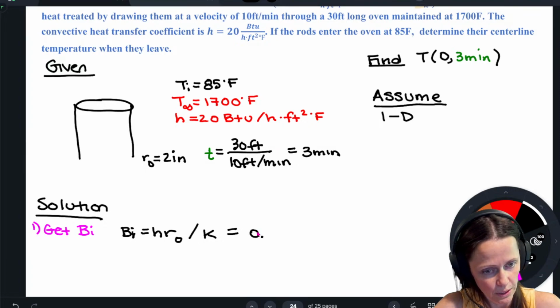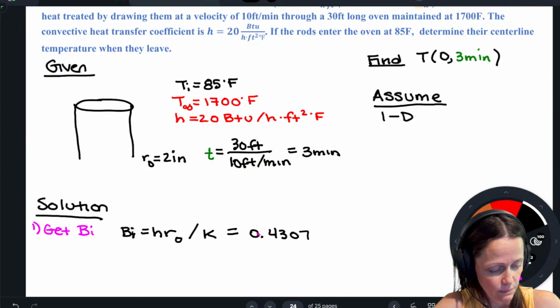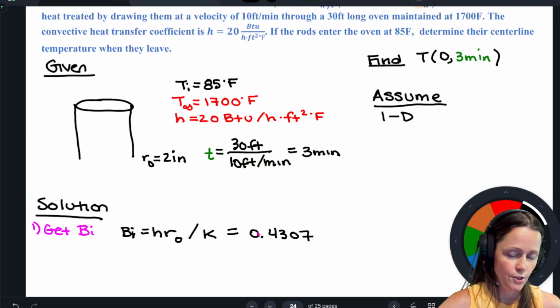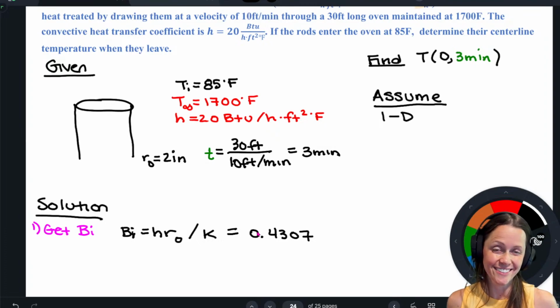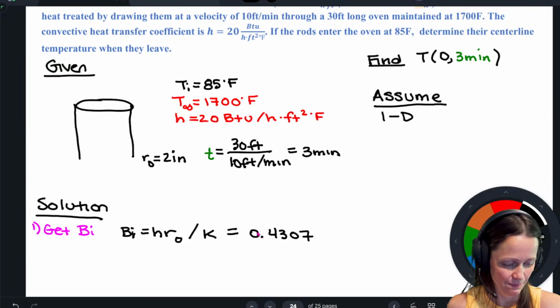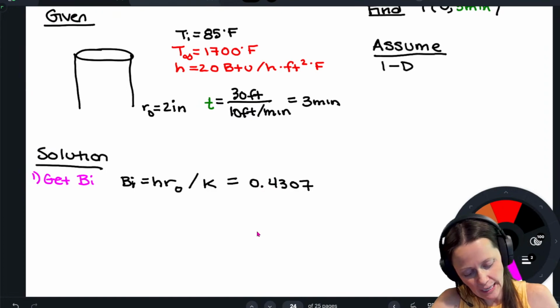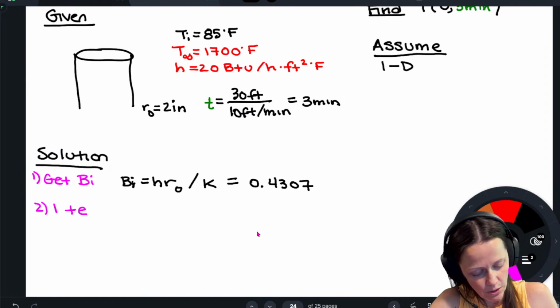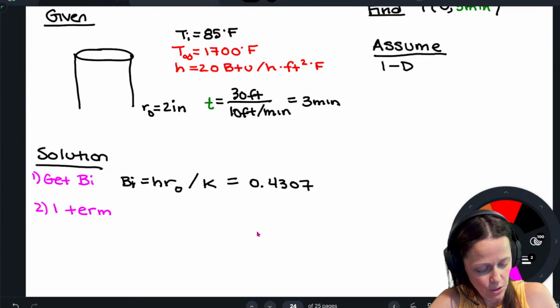So, but I've got 0.4307 my Biot number. So no, I can't use the lumped capacitance method, but that's fine. So we will go ahead and use that one-term solution. So one-term solution.